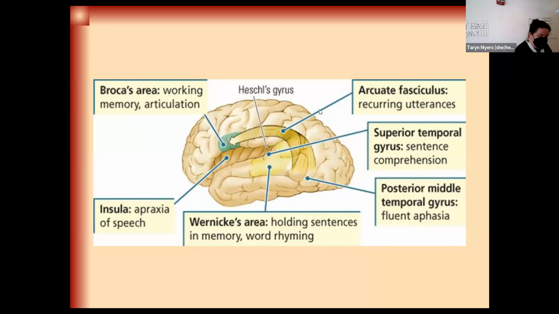So there are what they call the pure aphasias. And they're called pure, not because we've distilled them, but because they are selective impairments in very specifically language. So you can have alexia, and that is the complete inability to read.